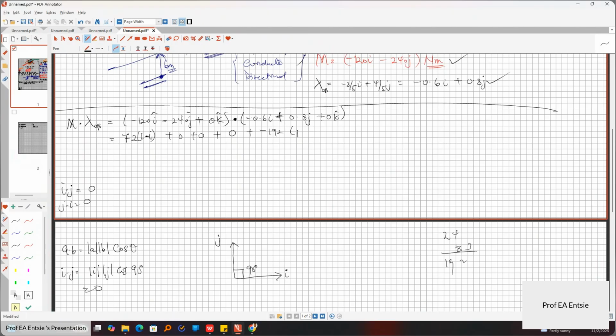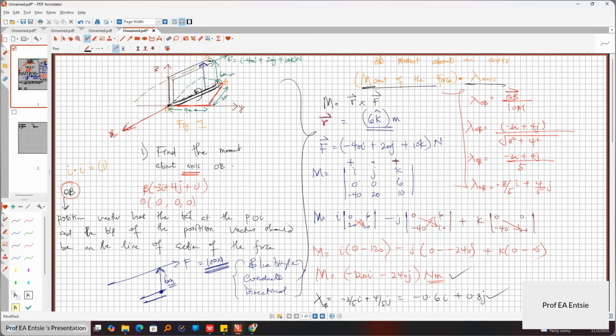Then it will be J dot J. I dot I is 1, J dot J is also 1, because the angle between I and I is 0. If there's an I here and another I, the angle between them is 0, and cos 0 is 1. So I'll get 72 minus 192. What will I get? I'll get minus 120 Newton meters. This is the moment about the axis.